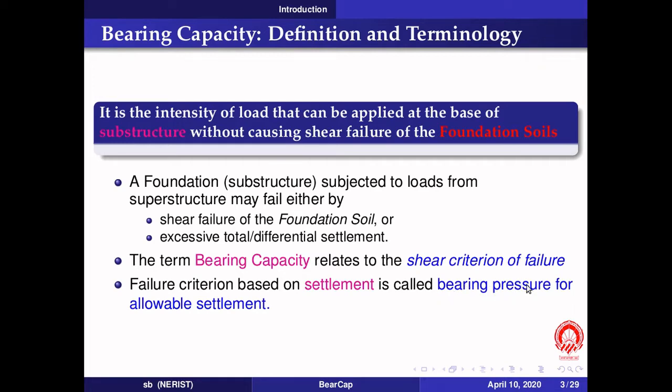So both are different, and as an engineer we need to ensure that both these two criteria of failure are fulfilled. That means our foundation neither fails due to shear failure of the soil nor undergoes any excessive settlement.